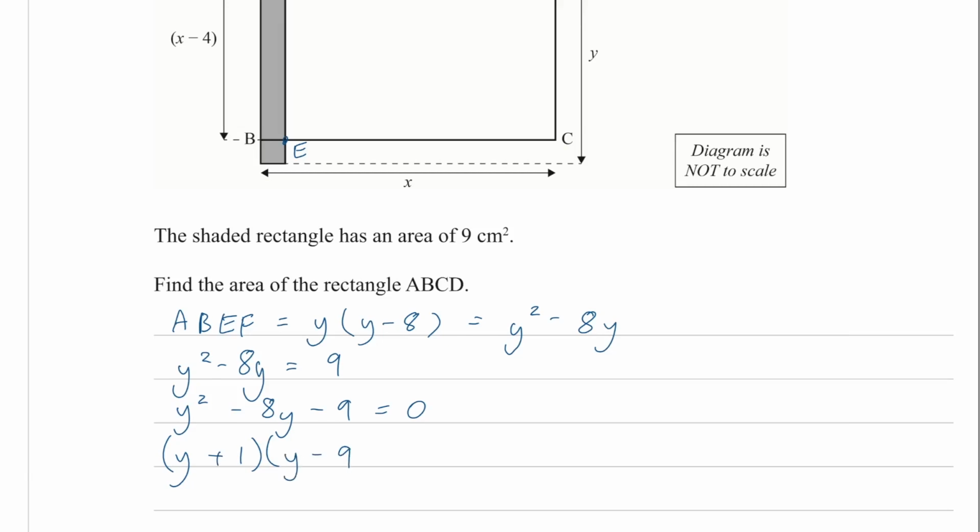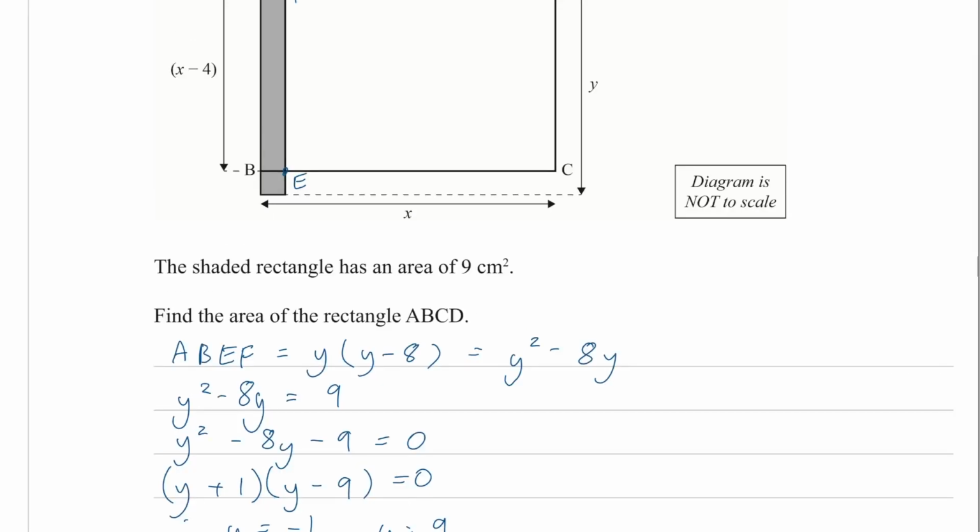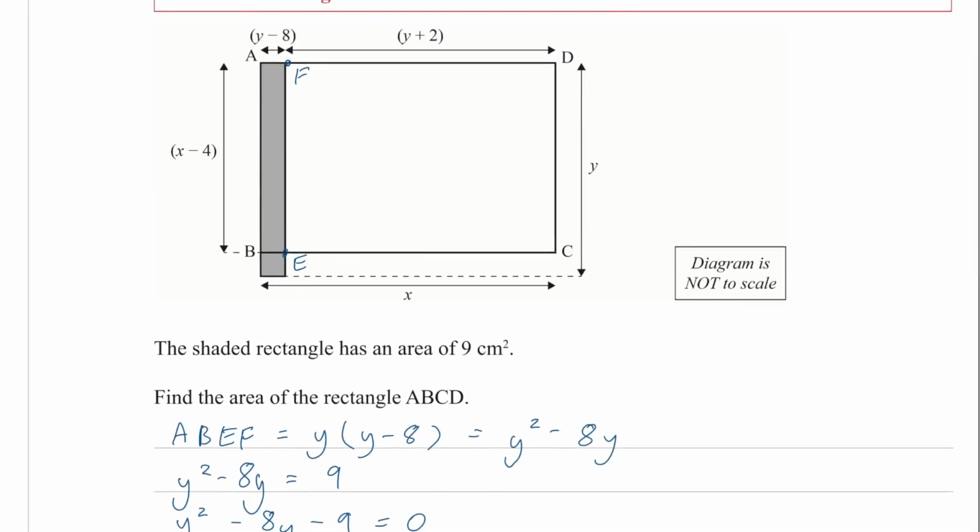So they multiply to -9 and they add to -8. Therefore, y could be -1 or y could be +9. Now, since we're looking at measurements here, we'll take the positive solution, y equals 9. So we have worked out that this length here is 9.